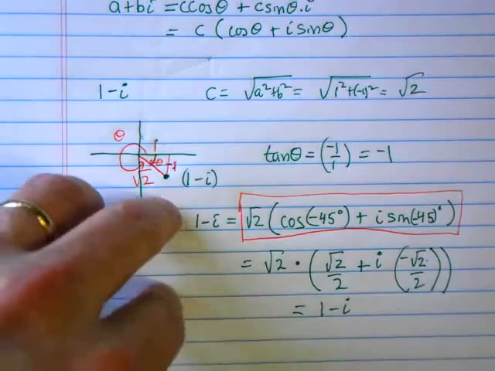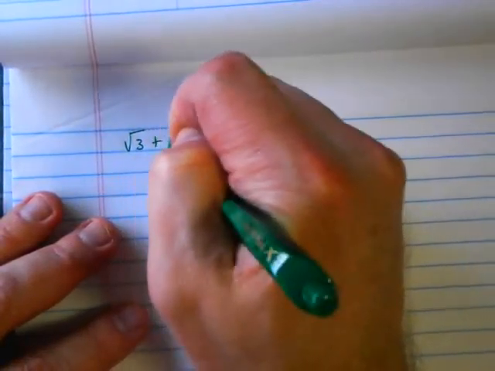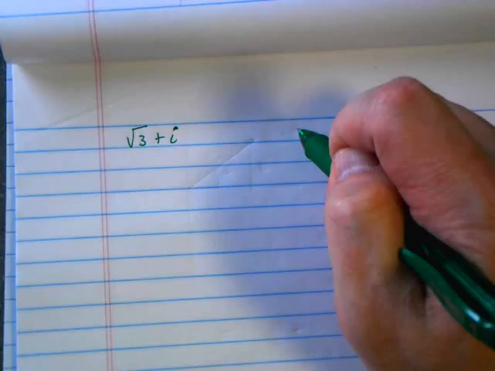Okay, so here's another point. How about square root of 3 plus i? Let's convert that to trig form. Again, I start by finding c. What would c be?